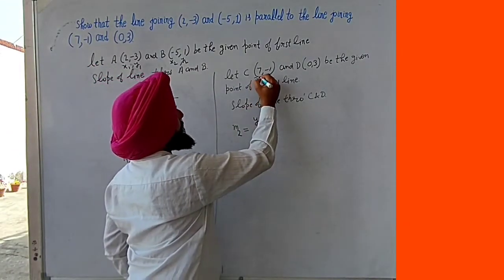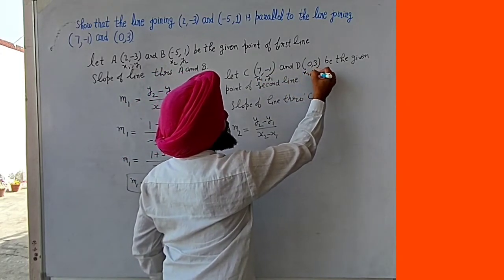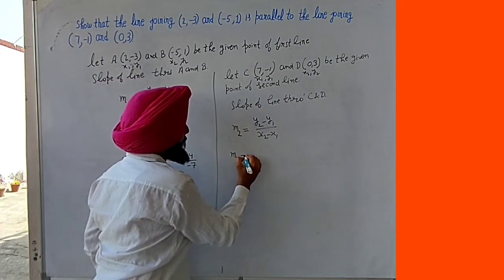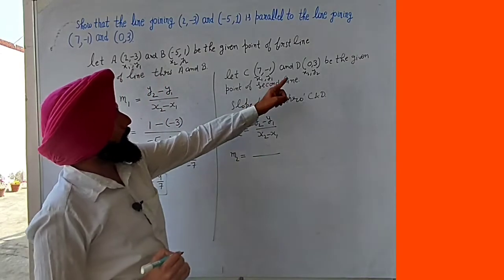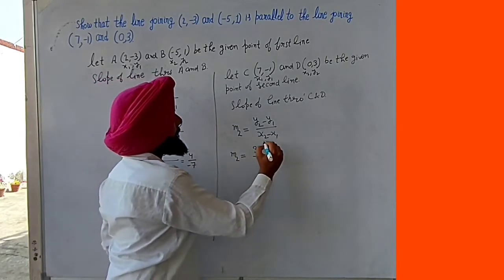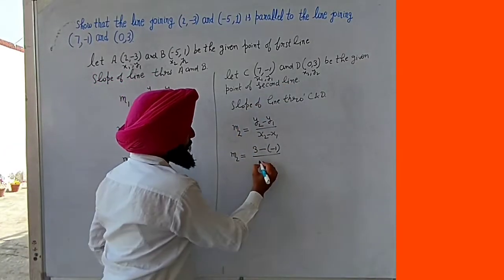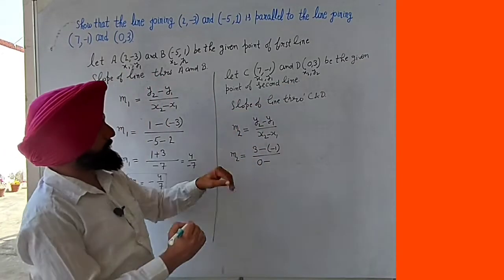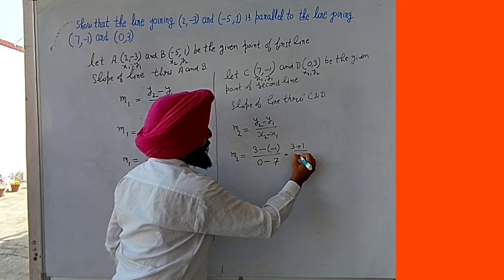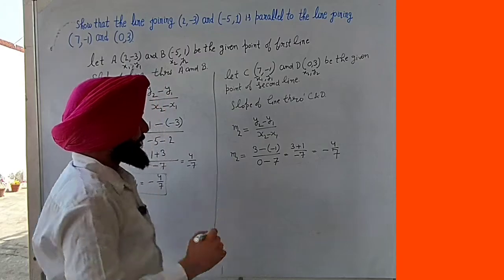Here x1 is 7, y1 is minus 1, x2 is 0, y2 is 3. So m2 equals y2, that is 3, minus y1, minus 1, over x2 0 minus x1 7. So it becomes 3 plus 1 over minus 7, which means minus 4 over 7.